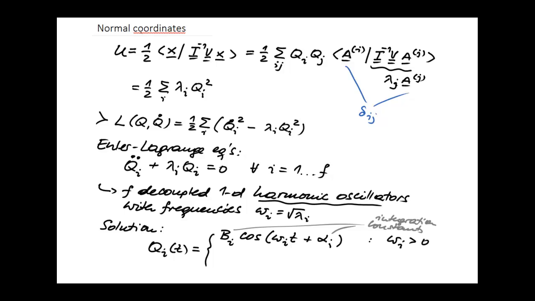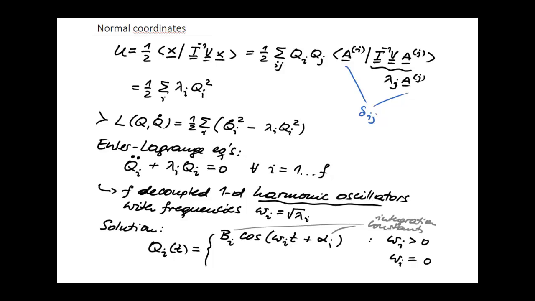So if you allow, at least formally at this point, that an eigenvalue may also be equal to 0, and therefore the frequency might also be equal to 0. In that case, the equation of motion would simply be Qi double dot is equal to 0, so no acceleration at all, and the solution for that equation of motion is a uniform motion.